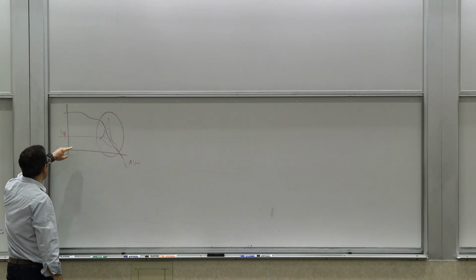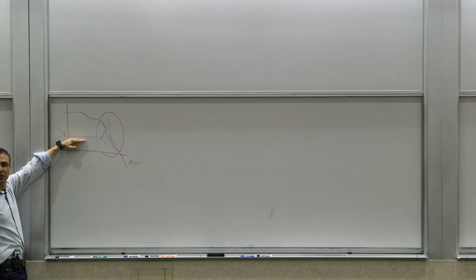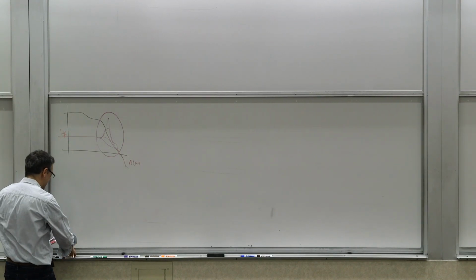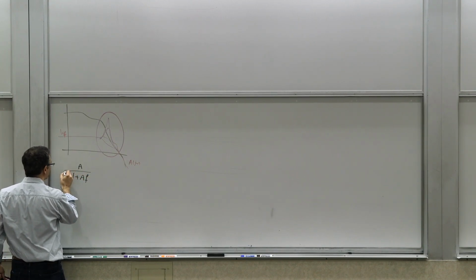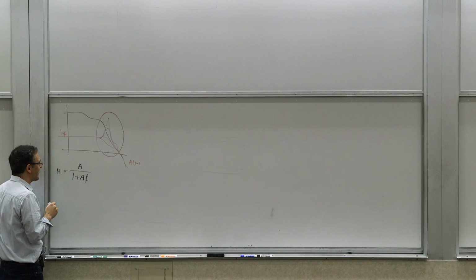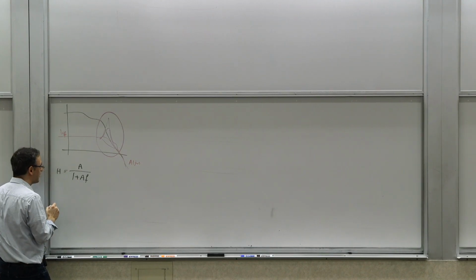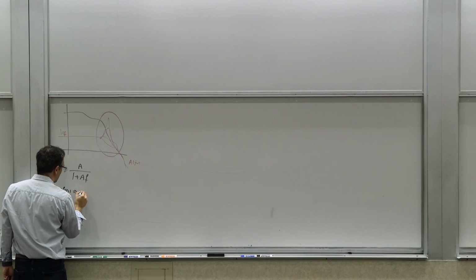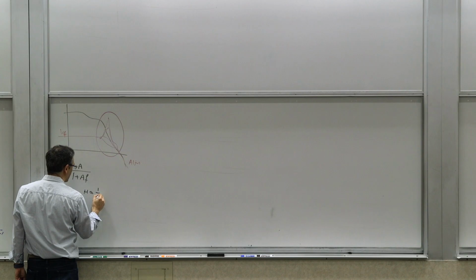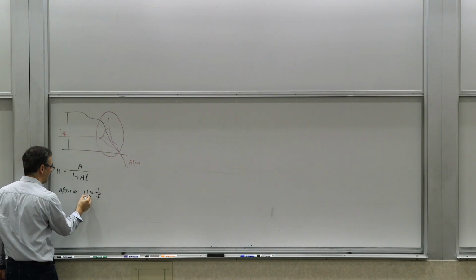So in other words, when the loop gain was very large, the forward transfer function was determined by the feedback, right? It was 1 over F. Another way to see it, the simplified way, is 1 over 1 plus AF. If you think about A being very large, then for AF much greater than 1, this is going to be 1 over F, which is H infinity.